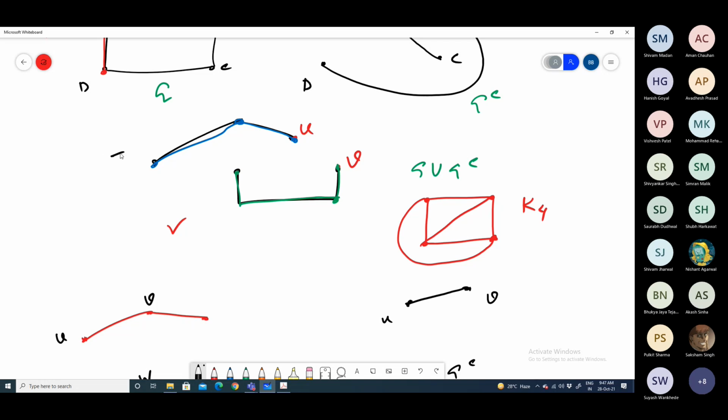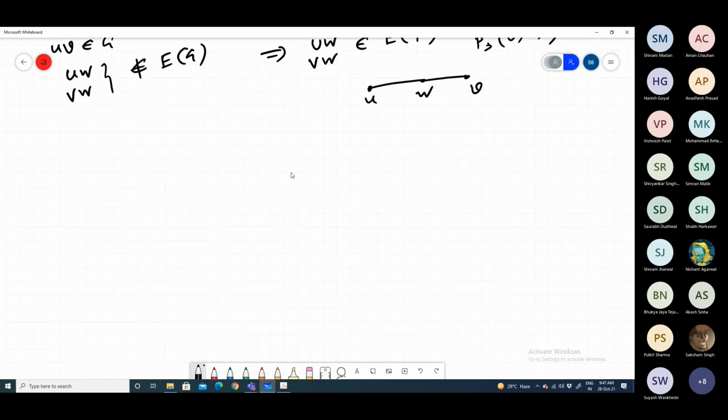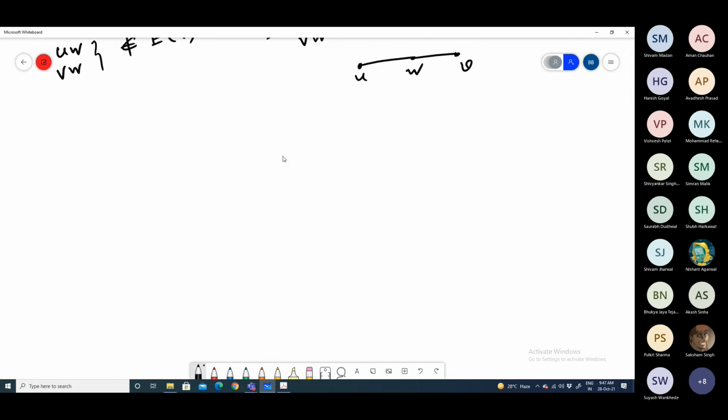But this portion is a tree, and this portion is a tree. So a tree should be an acyclic graph and connected. If you take the union T1 union T2, that will be an acyclic graph. Acyclic graph means it can be disconnected and does not have any cycle, and a tree means it does not have any cycle and it is connected. Is that fine?